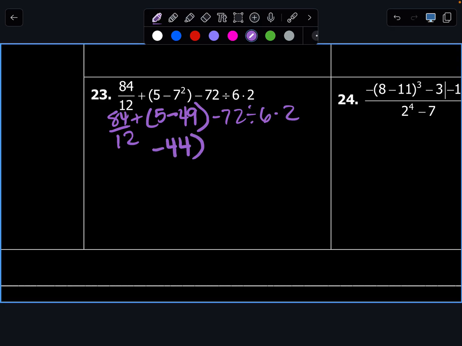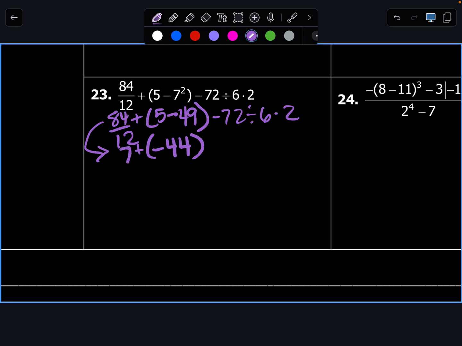Negative 44. Okay, now I'm going to look at this because what my next step is going to be is division and multiplication. So if I go from left to right, what's my first division problem? 84 divided by 12, what is that? 7.